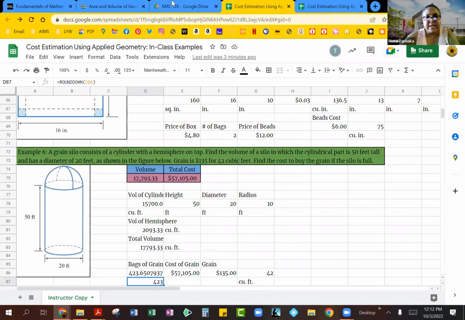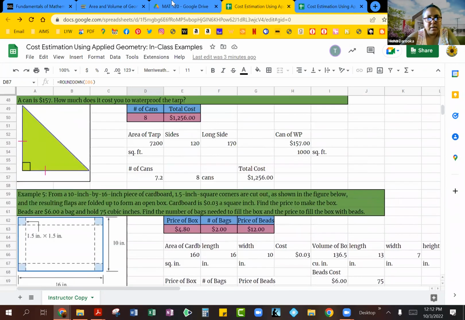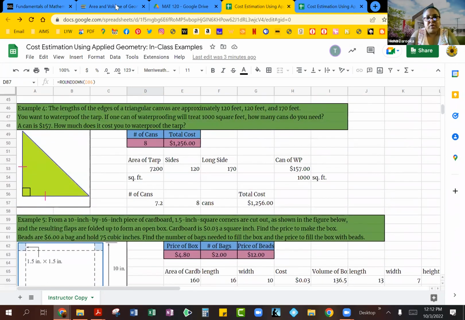And then, guys, over here in this one with the tarp, where we were covering it with waterproofing, we did round up our answer, because you would have something left in your waterproofing can, but it's not like you can do the 700 or 7,000 square feet of tarp, but then leave 200 without waterproofing.